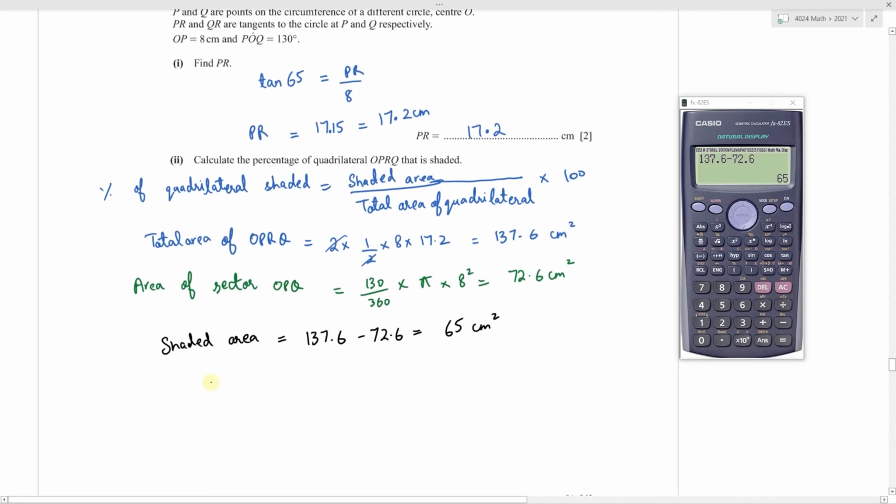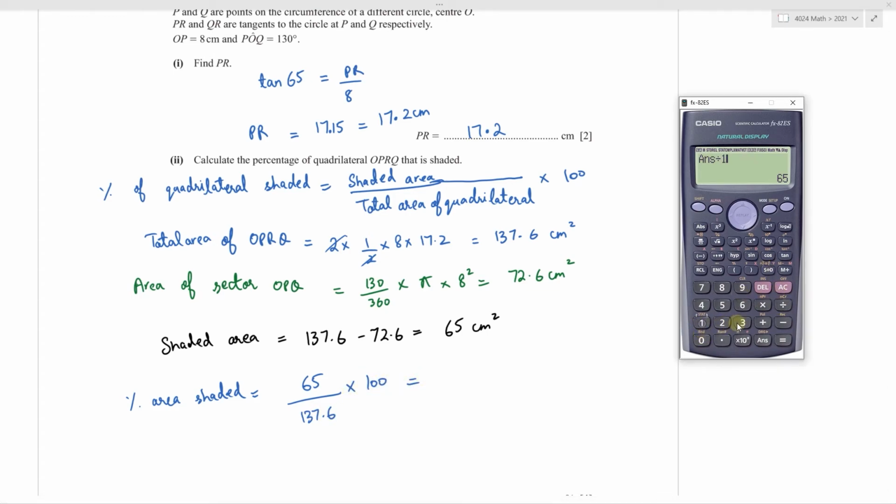So now the percentage area shaded will be the shaded area, which is 65 divided by the total area, 137.6, multiplied by 100.